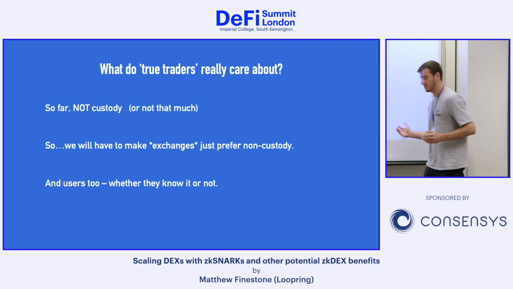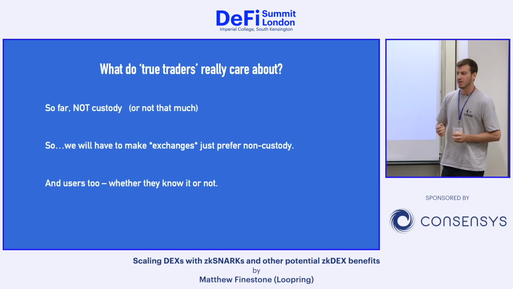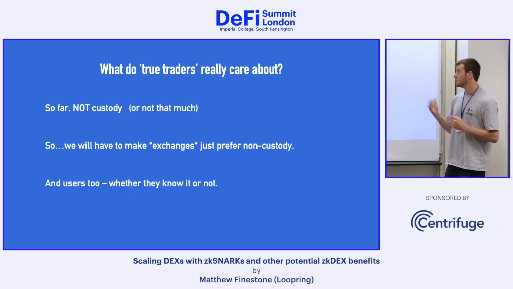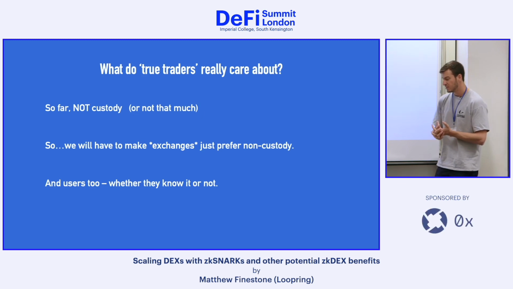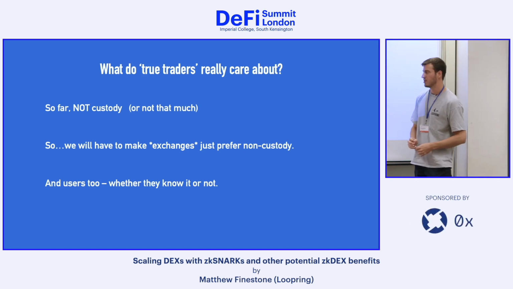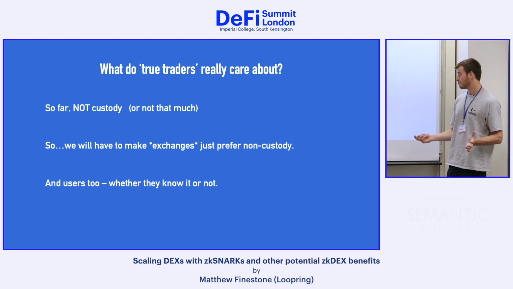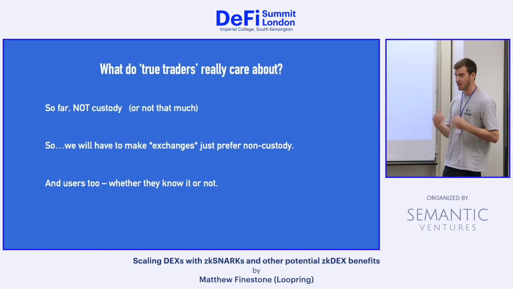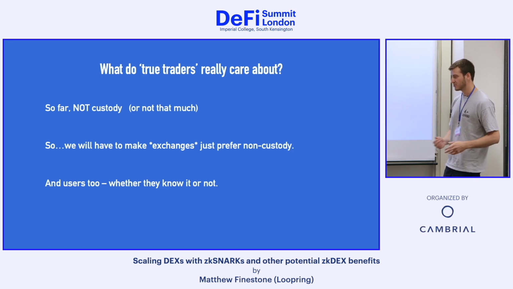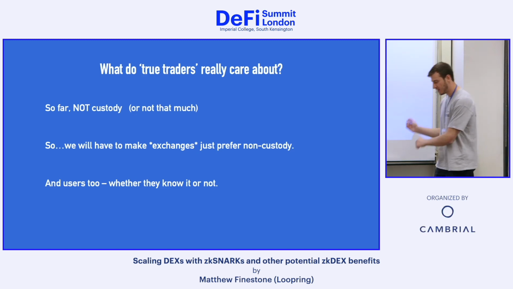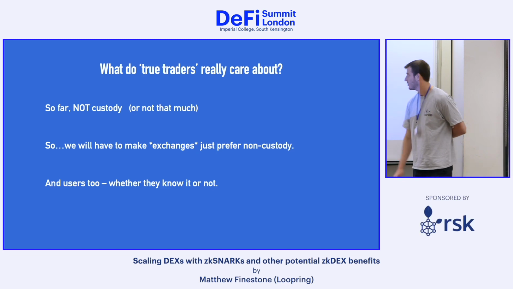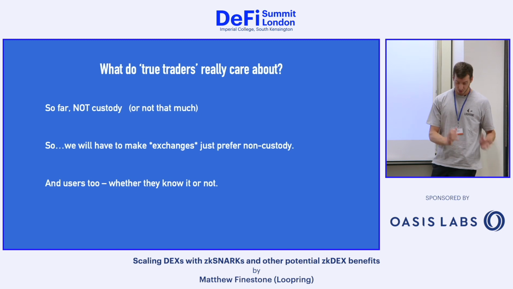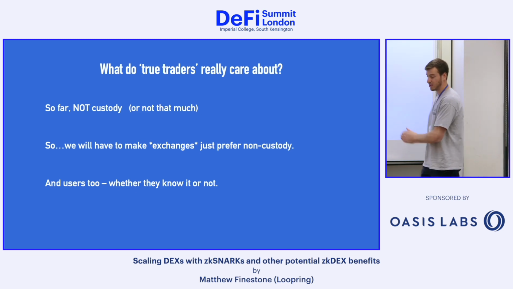So that's the ideal case, if these exchanges just by their own values and their own business opportunities choose to build on these non-custodial, Ethereum-level security platforms, and the users don't even have to know. But of course, we do find it an attractive proposition to tell users, hey, you don't need to trust us, you can't get hacked, we can't pull an inside job, etc. So it's two little avenues to go about this: get the exchanges to want to build, or the users to demand it.